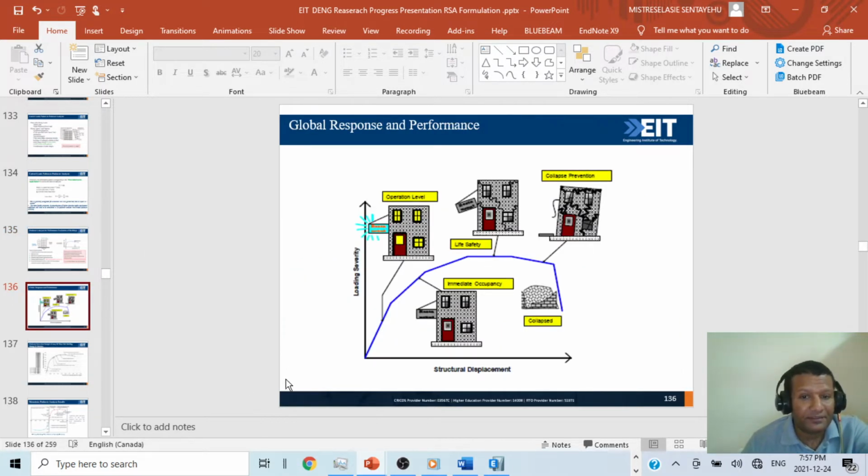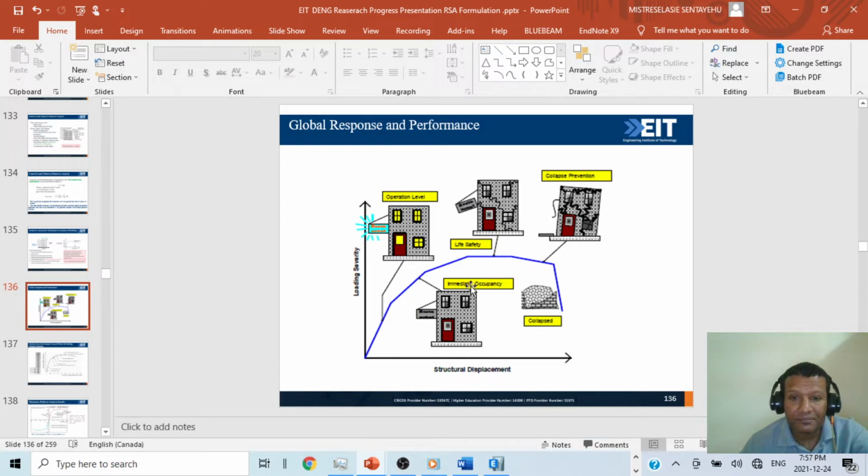So as per that, we have global response and performance. This is structural displacement in this load. Sometimes they call it the X-ray of our building, because as per the target displacement, once you know your displacement, you can know where your building is.